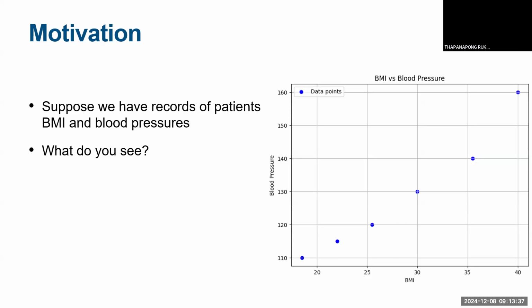What do you see on the right, in a scatter plot? What can you tell about the data? We have 6 data points. 1, 2, 3, 4, 5, 6.